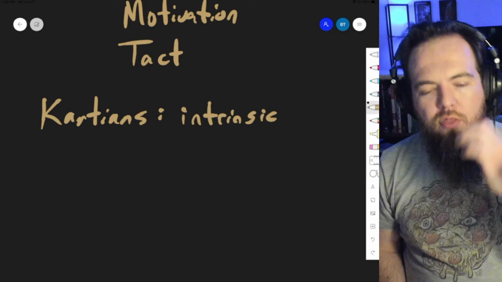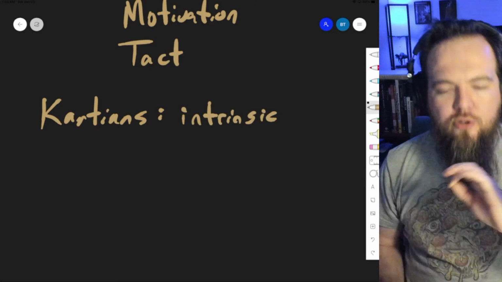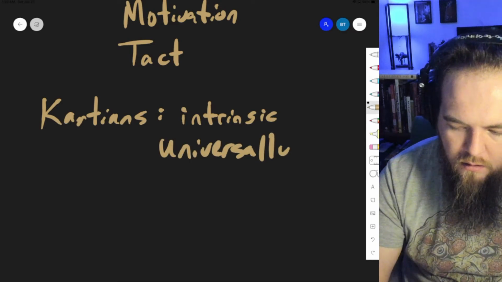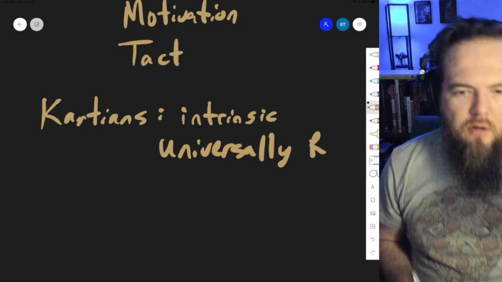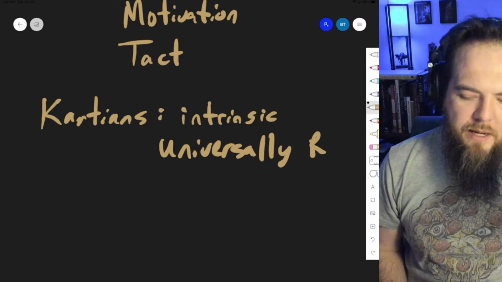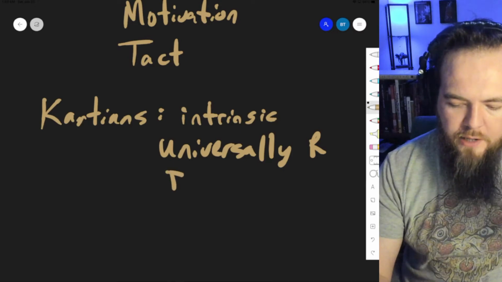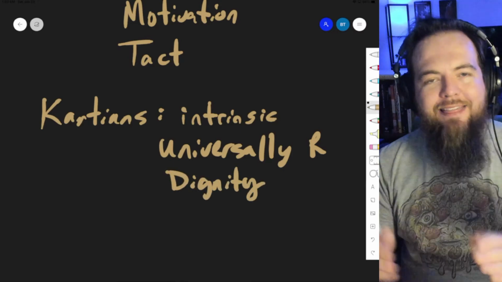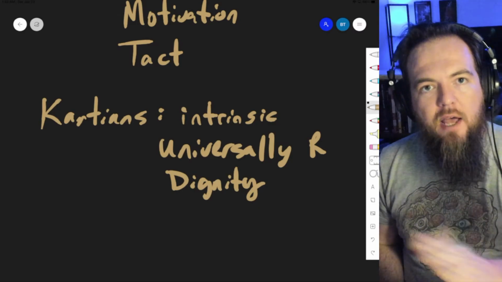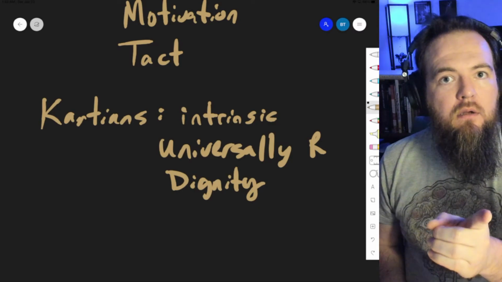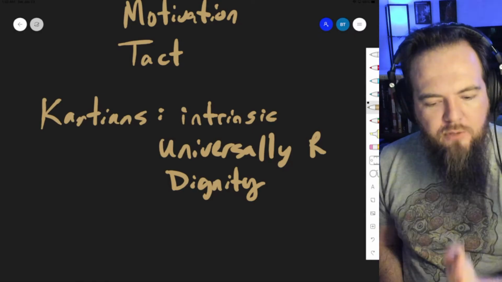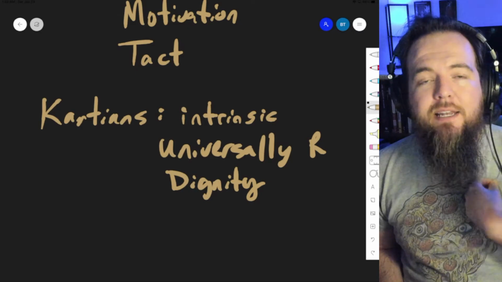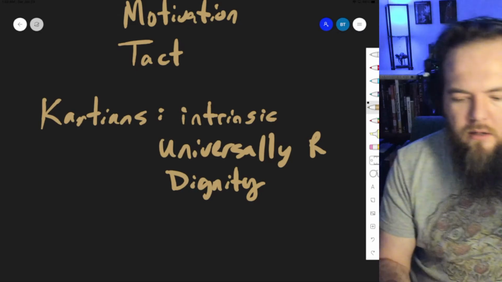The most important thing here is that you're trying to figure out what's universally right, or you're trying to respect dignity. But you're looking at the actions themselves and you're trying to decide what would it be like if everyone did it, or is what I'm doing going to respect the dignity of all people involved, even myself? Like I can't get rid of my own dignity, right?